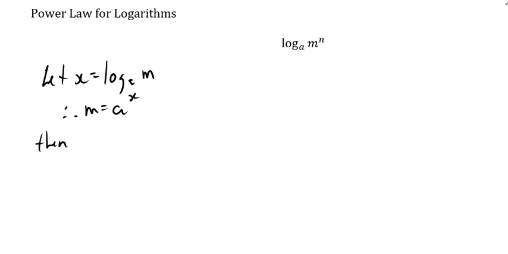So I'm going to start with log base a of m to the n, but I'm going to replace m. So I get log base a of a to the x, all to the n.